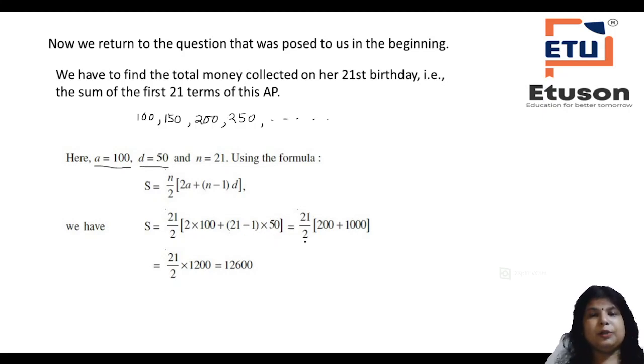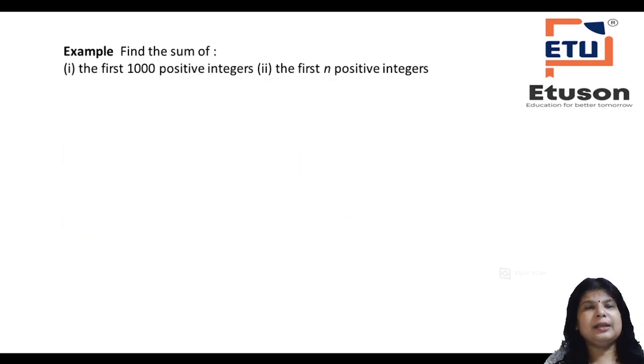So you will get 200 plus 1000, then multiply it and your final answer is 12,600. So Sakila will collect a total of 12,600 rupees on her daughter's 21st birthday. Correct, children? It was quite easy to find the total sum. Correct or not?